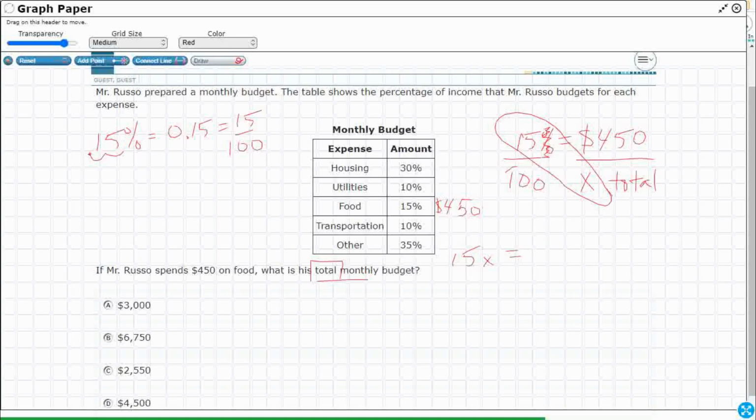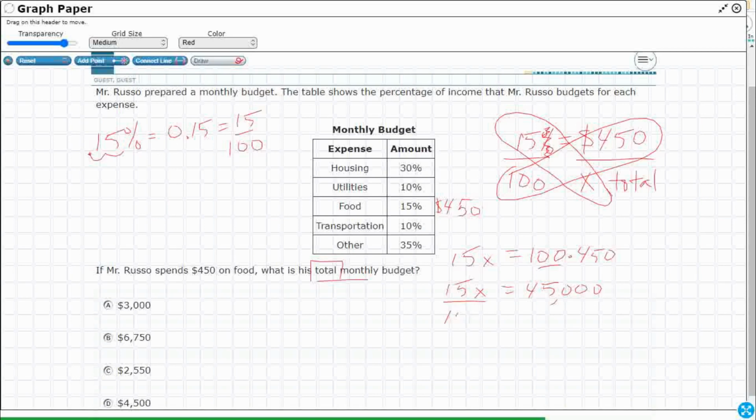is going to equal 100 times 450. All right, so that 15x is going to equal, I'm just going to put 450, and then I know my pattern is I just get to add those two extra zeros. Wow, 45,000. Okay, that seems like it could be right.